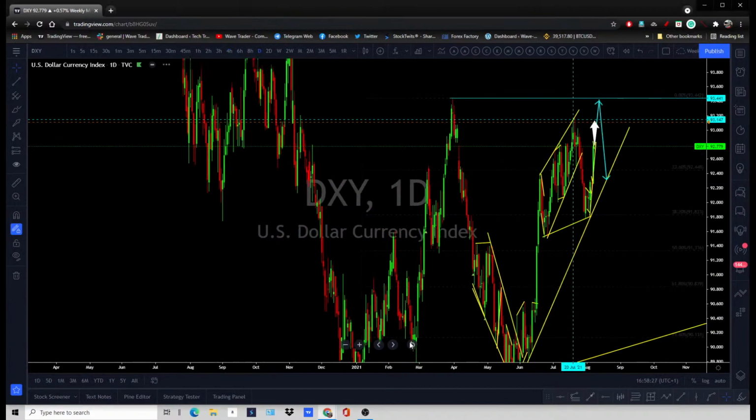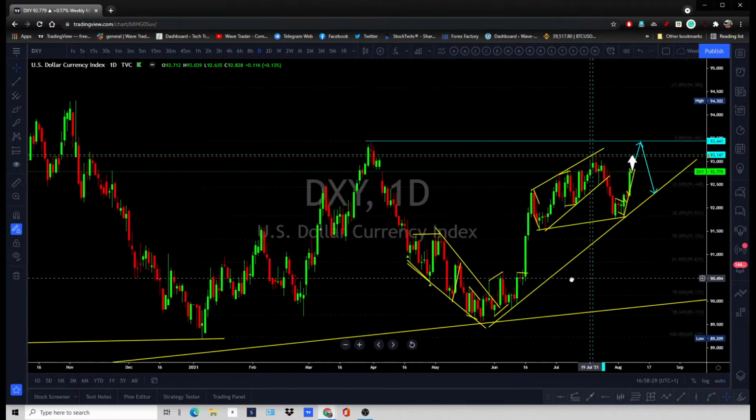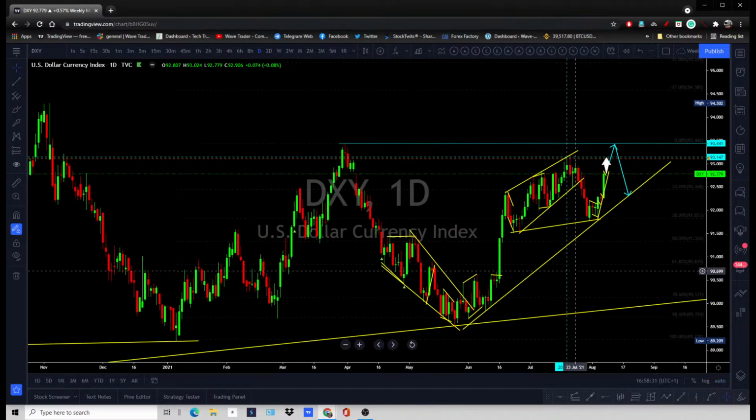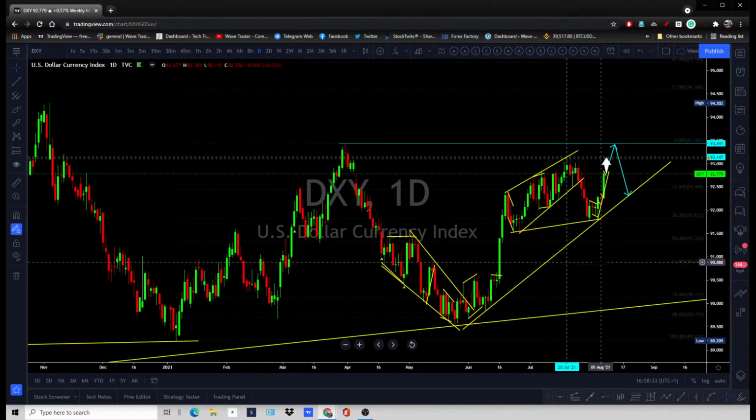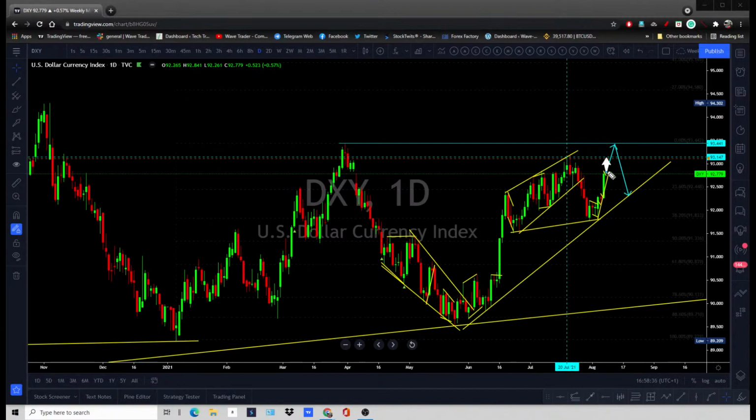But right now there is a possibility that the dollar index can still drag lower after hitting this previous top, and visit this previous low again before continuing to push higher.